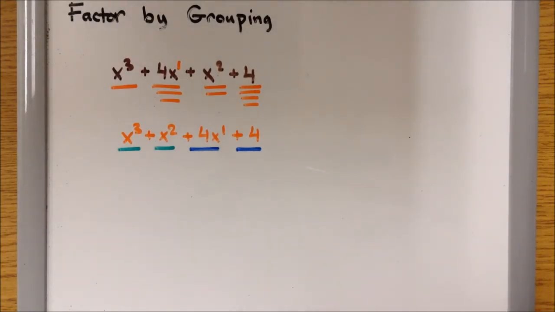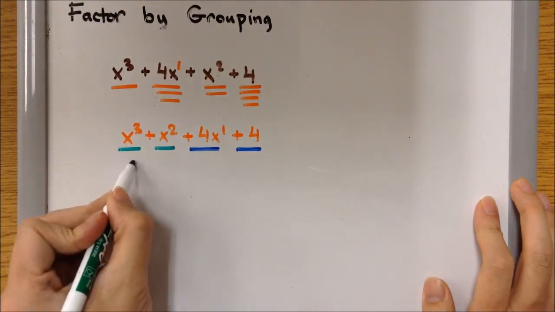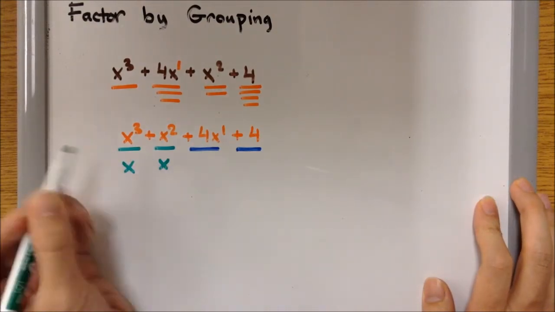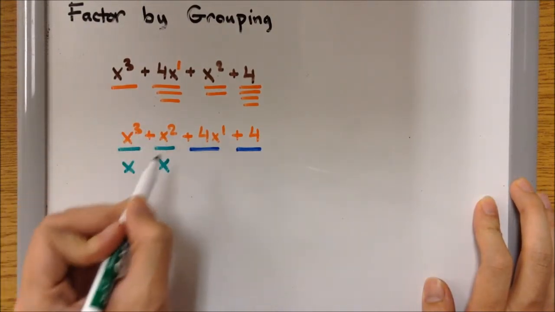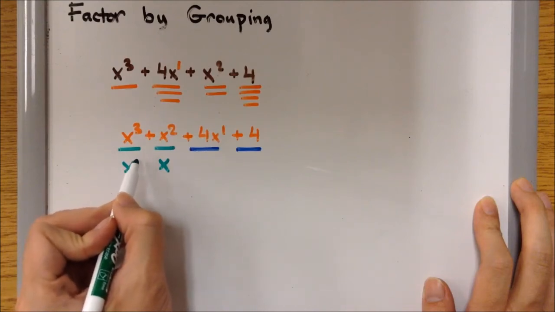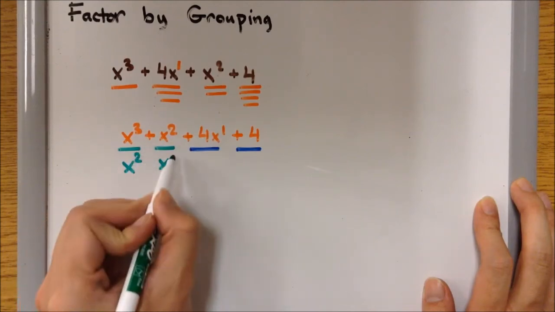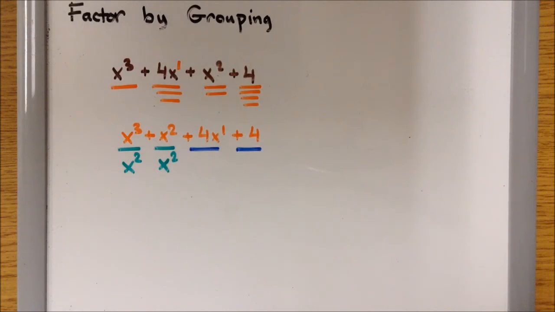So, we're going to take out the greatest common factor from the left side. So what's in common is they both have x. And they both have exponents, so we're going to divide or factor out with the lowest exponent, which is squared. Now we're going to do the greatest common factor on the right side.